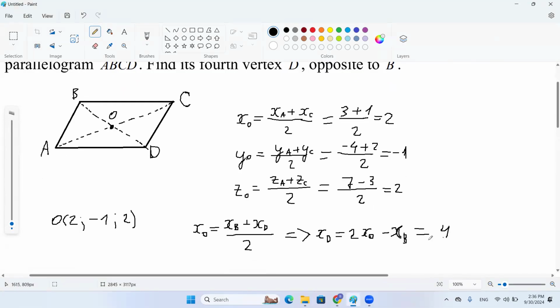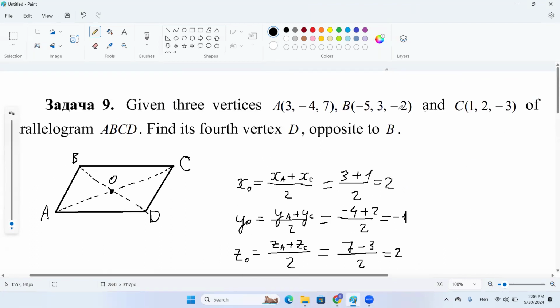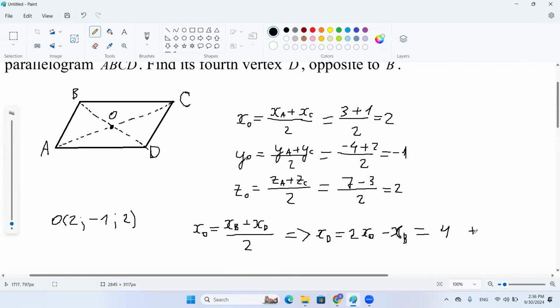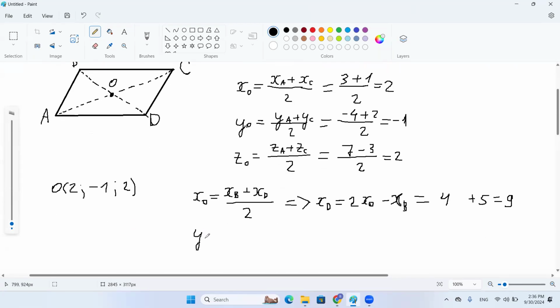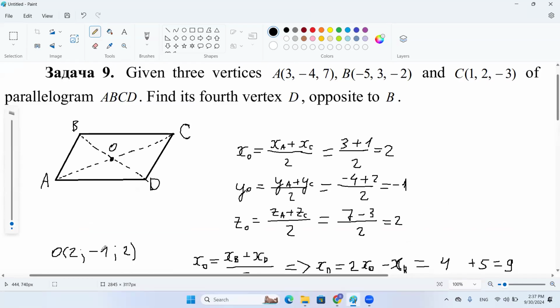So 4 minus 4 plus 5. Yeah, so it is 9. And YD, the same: 2YO minus YB. And it equals? -5.